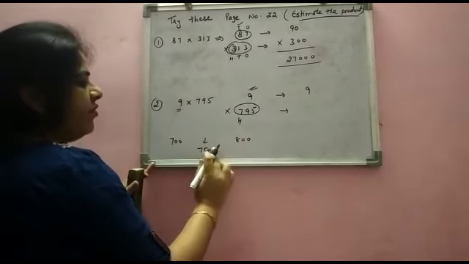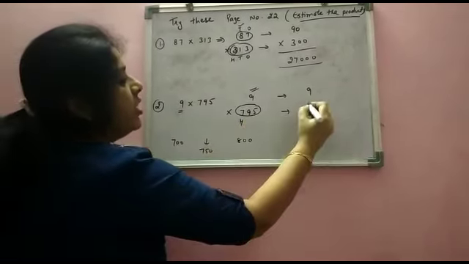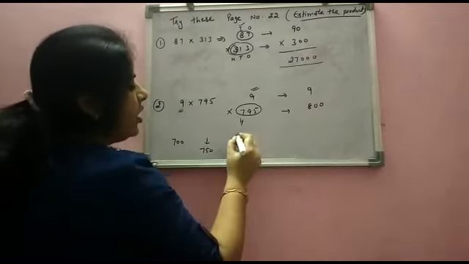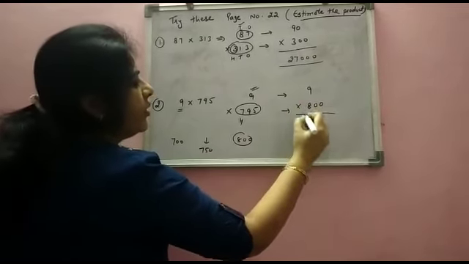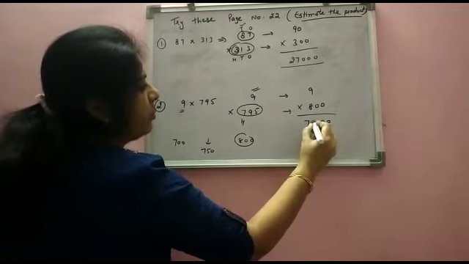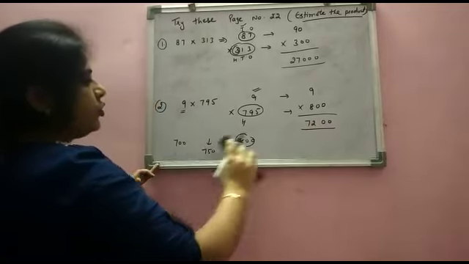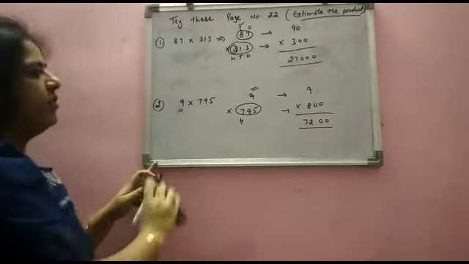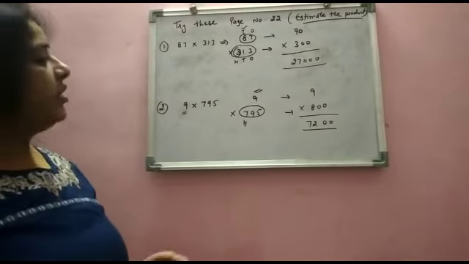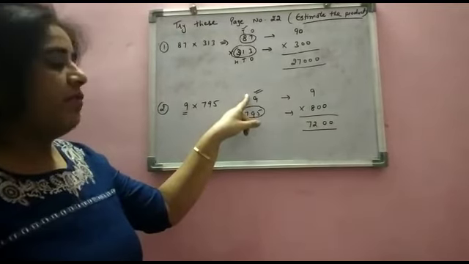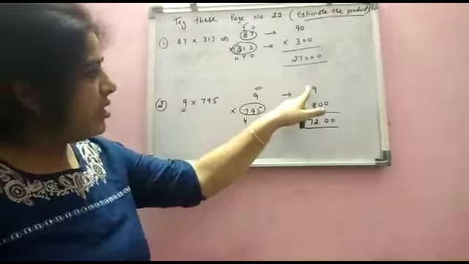Halfway is 750. It's more than halfway. So it will be estimated to 800. And now get the product. This would be 7,200. So each number will be estimated at its own greatest place, but a single digit number will never be estimated. It will remain the same.